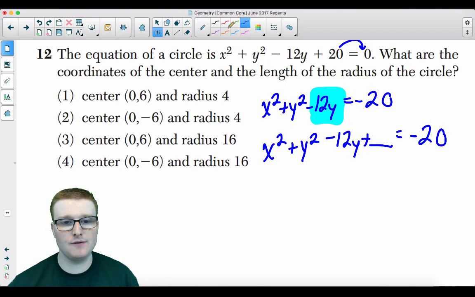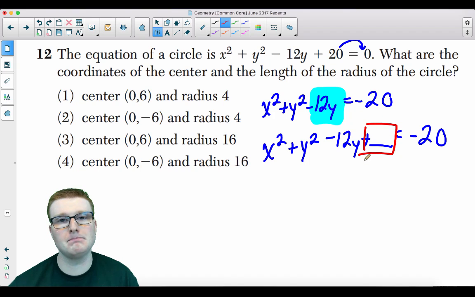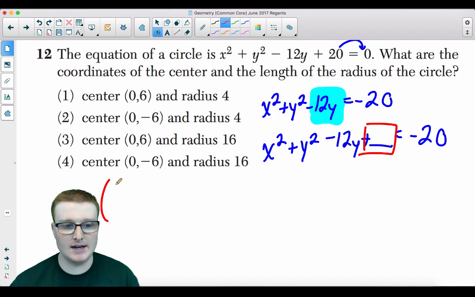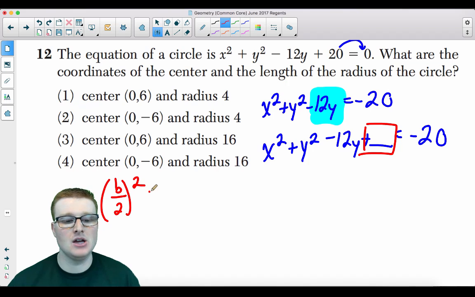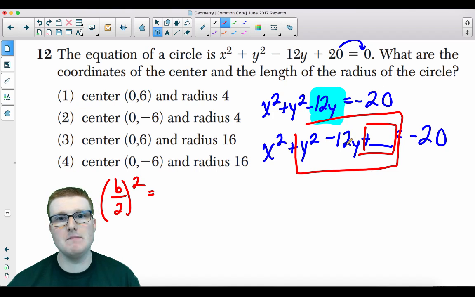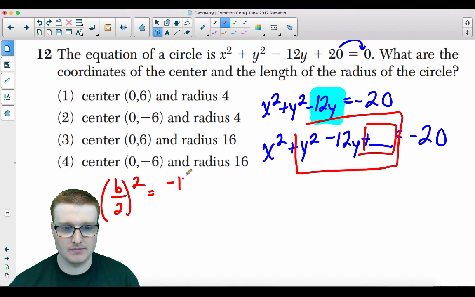So we're going to figure out how we get that blank space and what's in there. Well, you need to remember from Algebra 1 that the formula b divided by 2 squared will come in very handy to solve that. In other words, it's just taking half of the middle term and squaring it. We're looking at this right here, folks. The middle term is negative 12 divided by 2 and square it.